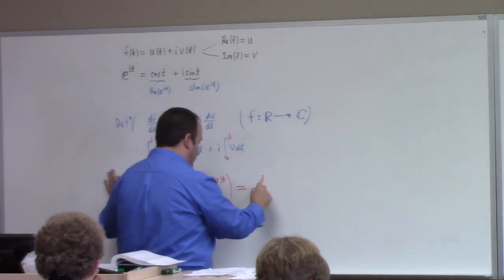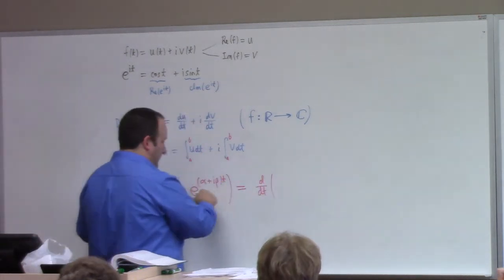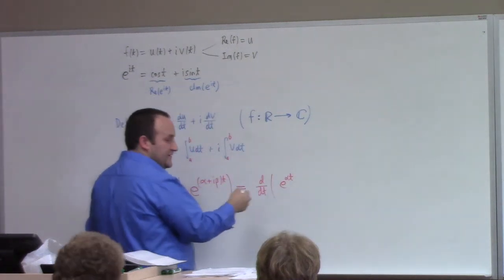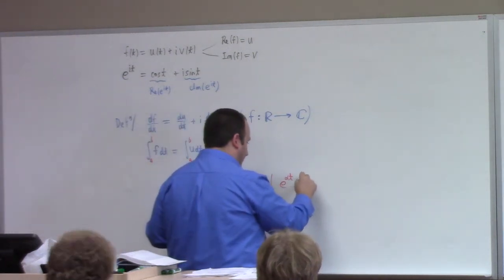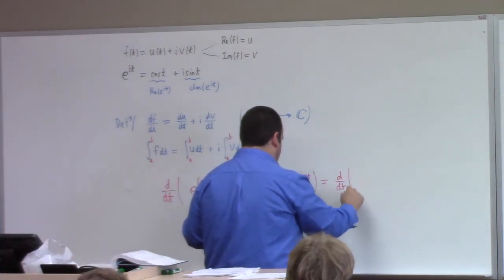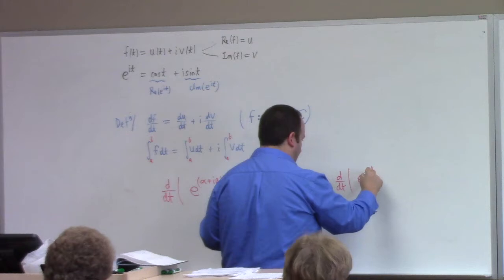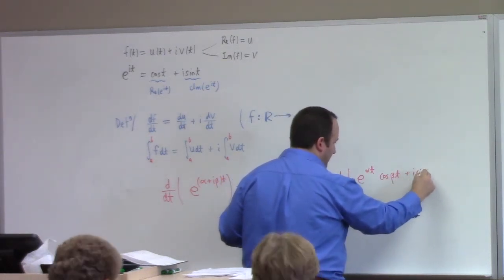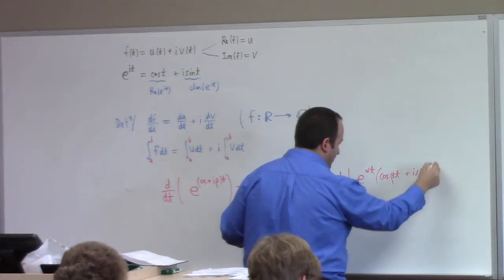The way this works is that's e to the alpha t times e to the i beta t. What's e to the i beta t? Cosine beta t plus i sine beta t. We talked about this a little bit.